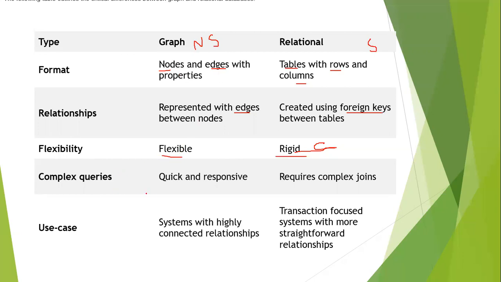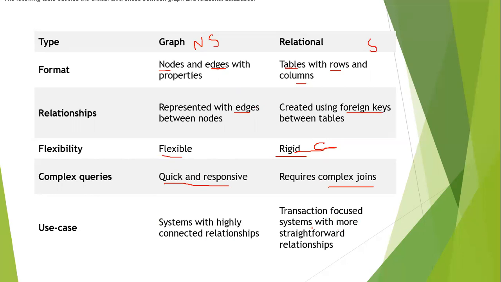Next, complex queries, quick and responsive. So in this, designing of the queries is very easy. The relational model requires complex joins. If you want to get the data from two tables, in the graph database it is easy, in the relational model it is tough. Now, next, use cases. Systems with highly connected relationships are the graph database use case.